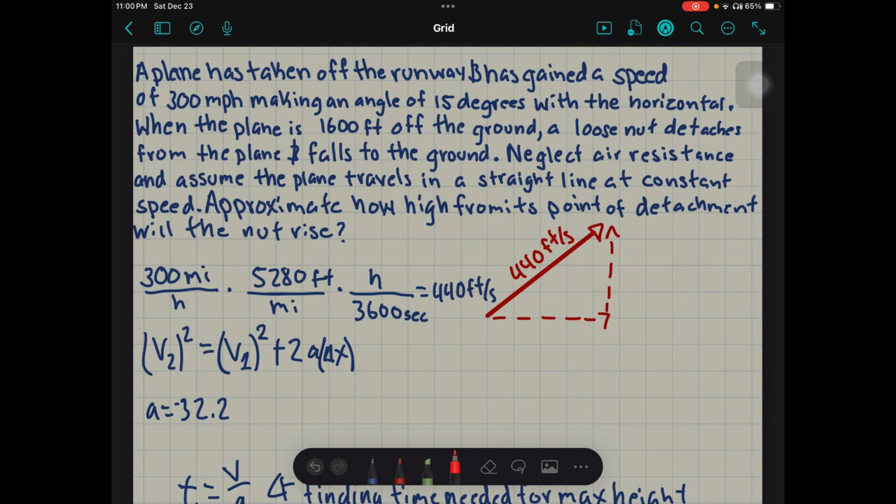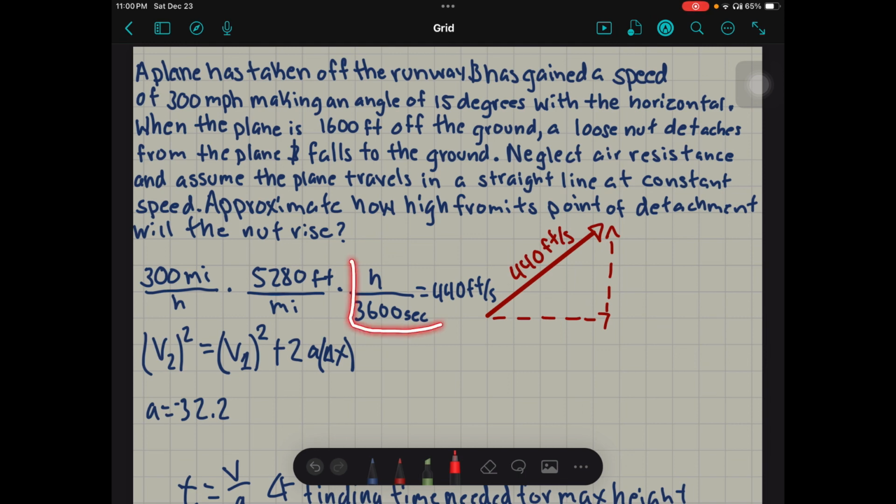Okay, so first things first, we have 300 miles per hour, so we have to convert that to feet per second. We know that 5,280 feet equals 1 mile, so we can cancel out the miles, and now we have feet over hours. From there, we have to change the hours to seconds.